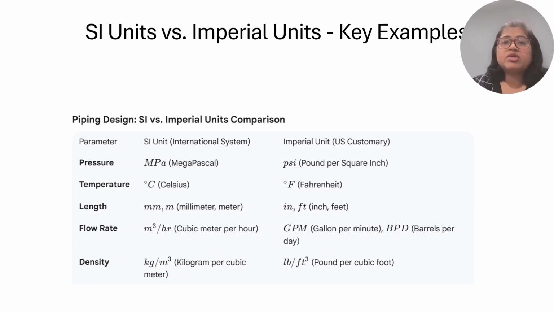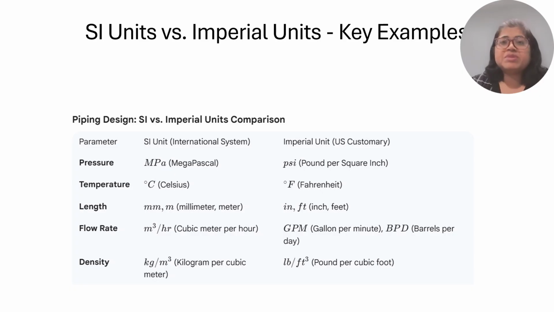You might encounter megapascals (MPa) in SI and pounds per square inch (PSI) in Imperial. In piping design, 1 megapascal is equivalent to 145.038 psi.